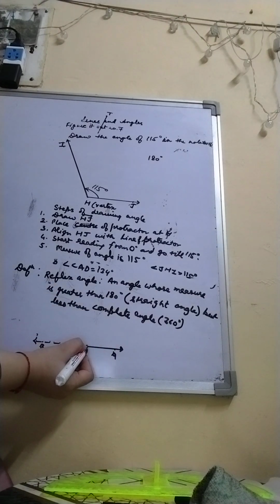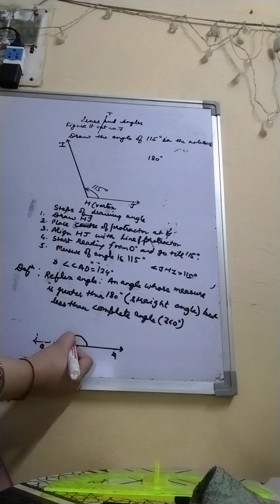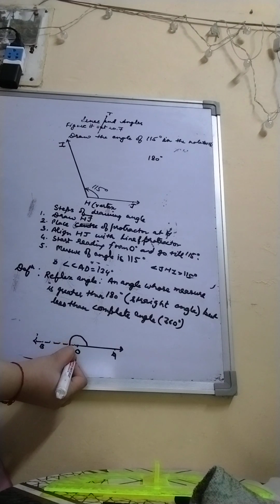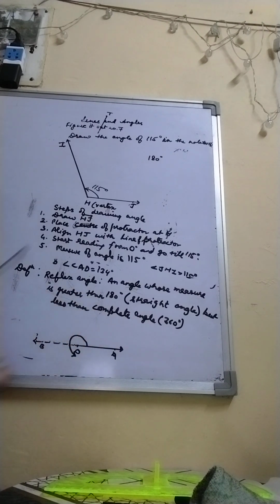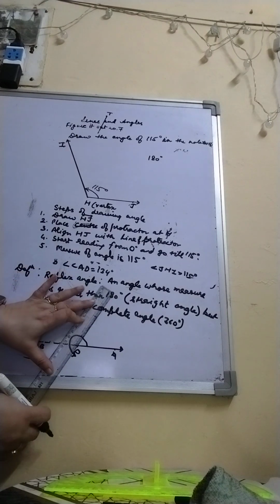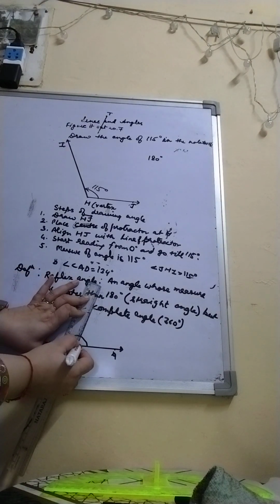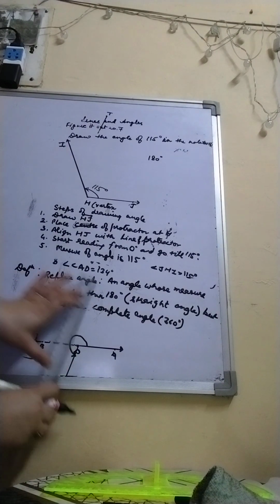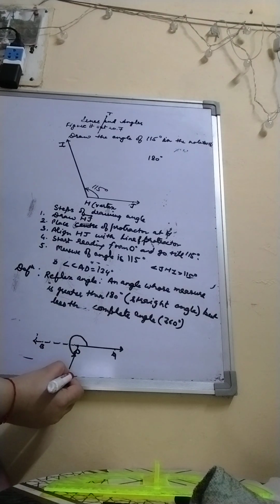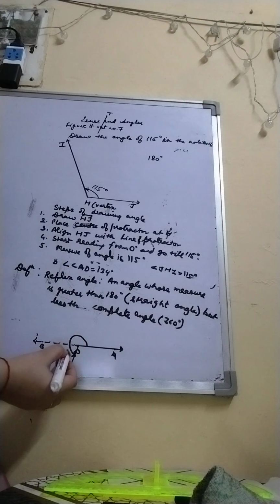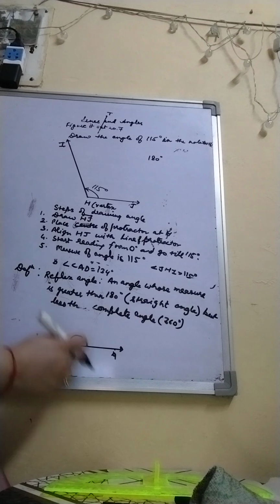So where would it go? The turning would be from OA to OB, and from OB it will go further in rotation and you would get the reflex angle. It is greater than 180 degree and less than complete angle.